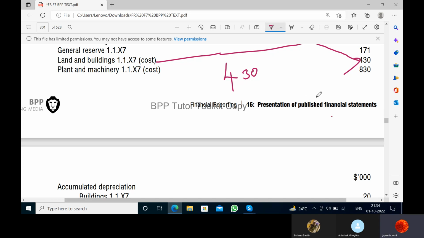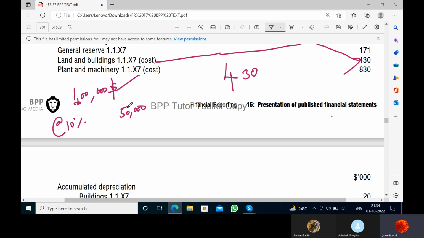Suppose the asset is $100,000. I'm giving an example. And the rate of depreciation is 10%. If I ask you after 5 years, what will be the value of the asset? You'll say $50,000. How? Every year $10,000 will be deducted from this $100,000.